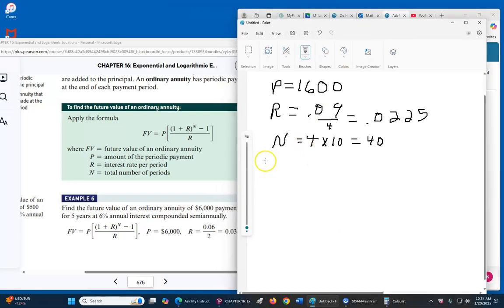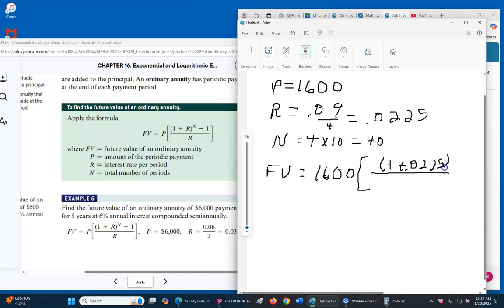So let me do that. The future value is going to be the 1,600 times, we've got a division line here, 1 plus R, and I figured out R was 0.0225.